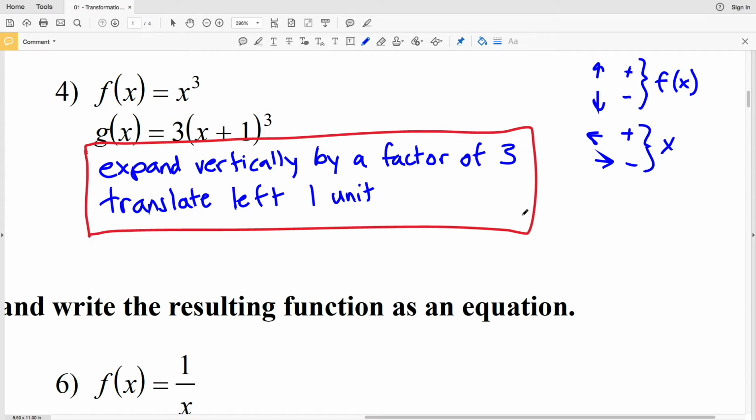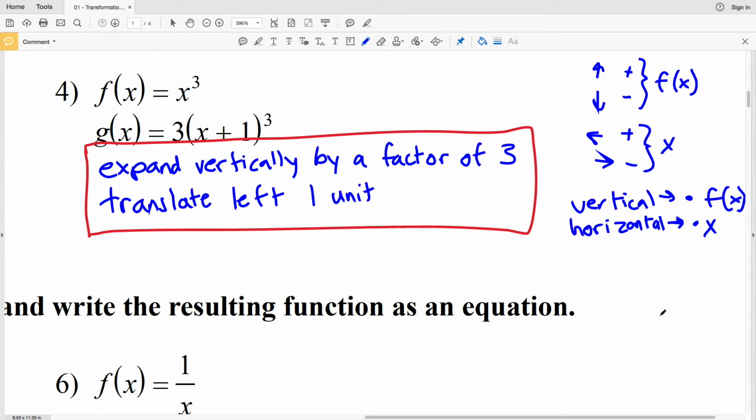We can also expand and compress a function vertically, or expand and compress a function horizontally. For expanding and compressing vertically, we're going to be multiplying to the function. To expand or compress horizontally, we're going to be multiplying to the variable, or what that function is in terms of.